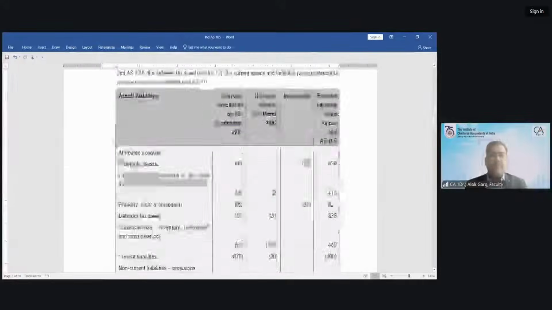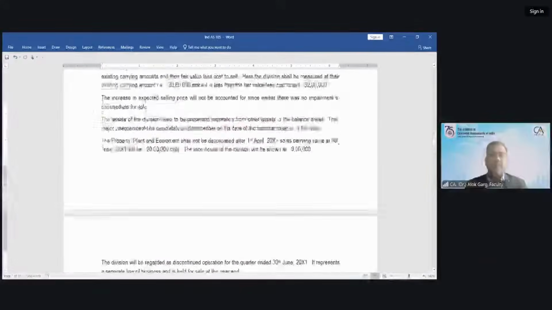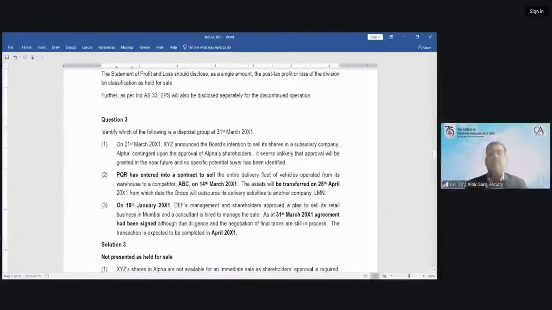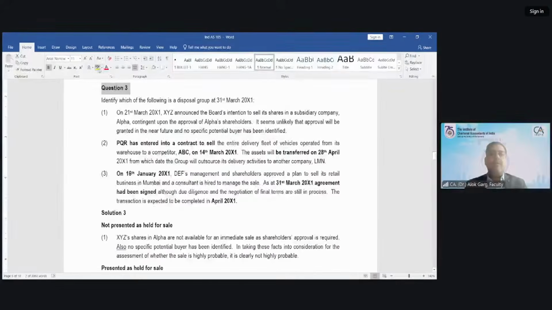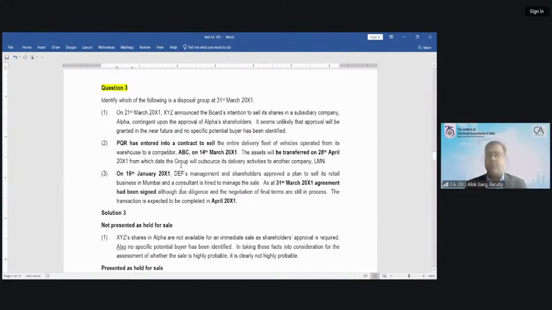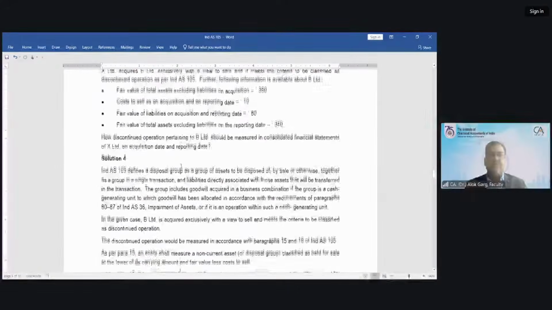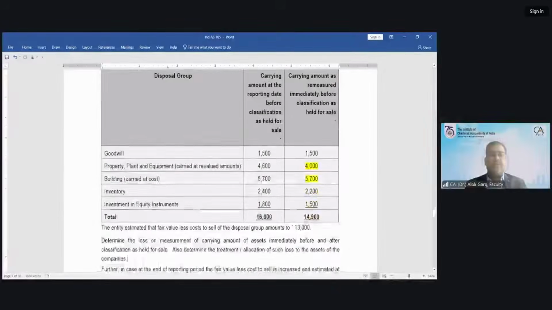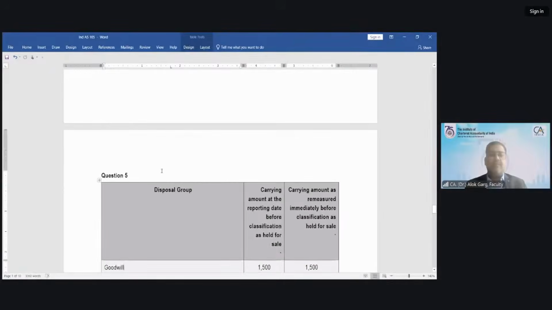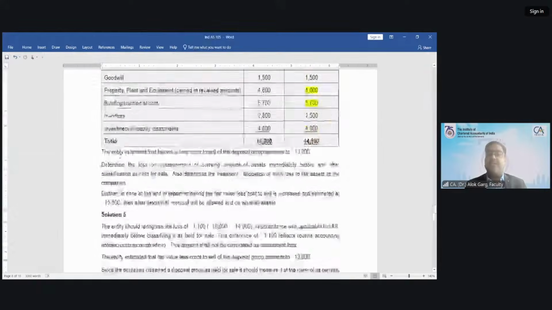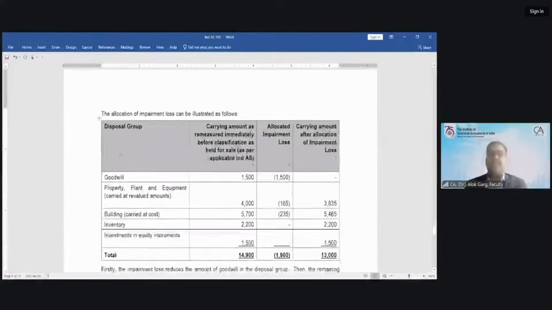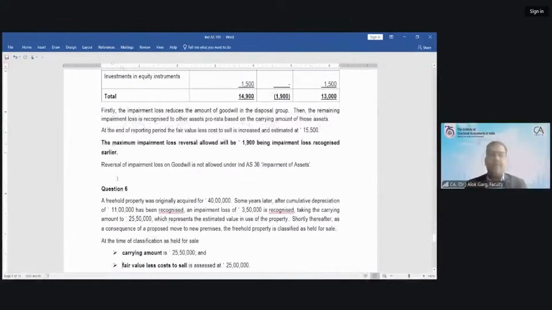The three situations whether it is held for sale or not. Yes, sir. We discussed. Total six questions are there in this Word file. Then we discussed question number five of disposal group, and question number five and question number six also, and two questions from that PowerPoint presentation also, right? Yes, sir. On revision, question number six also.